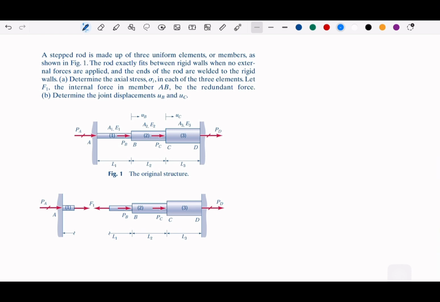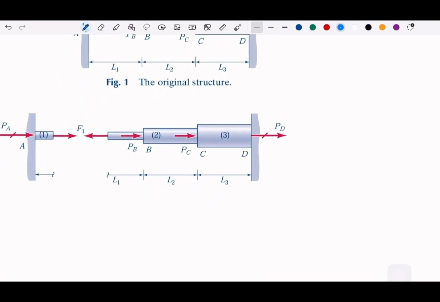So we select F1 as our redundant internal force, and then we can cut elements 2 and 3 in a similar way. For example, now we need to cut this part and this part.